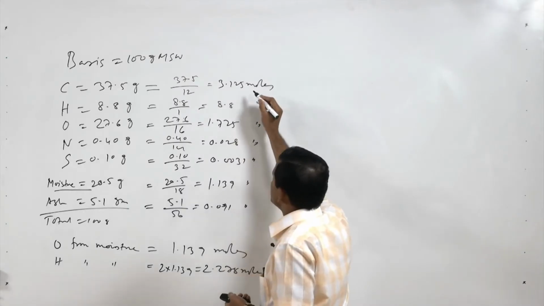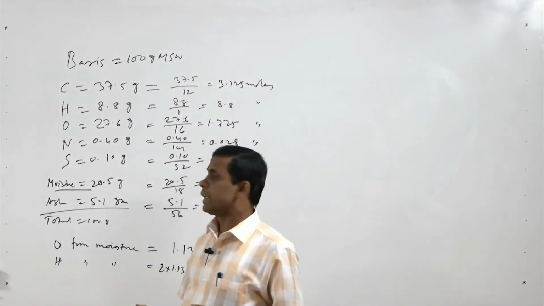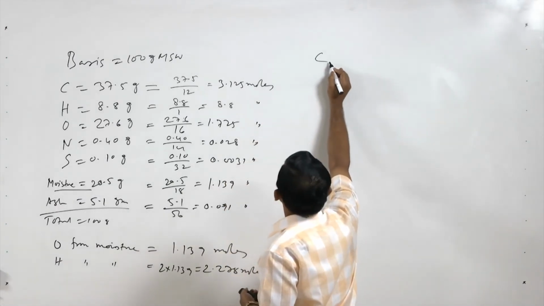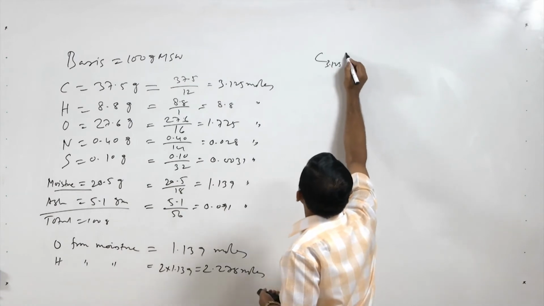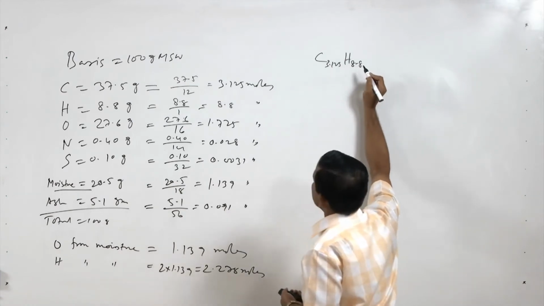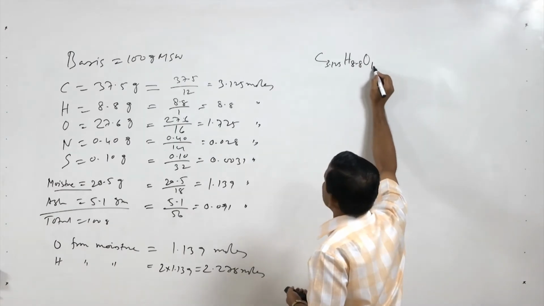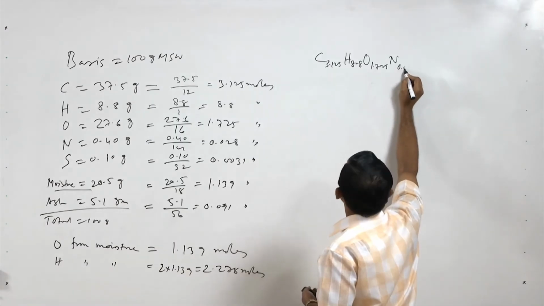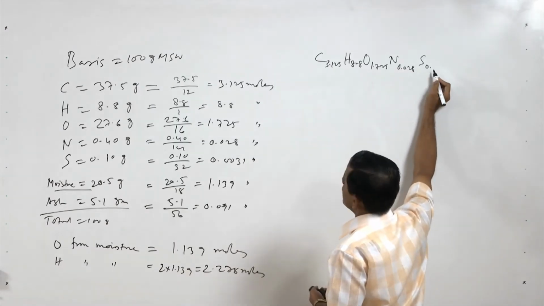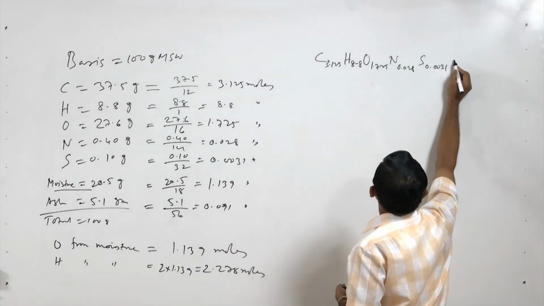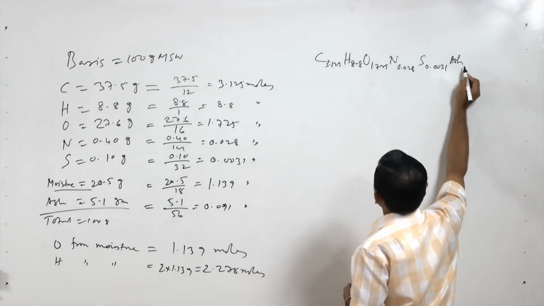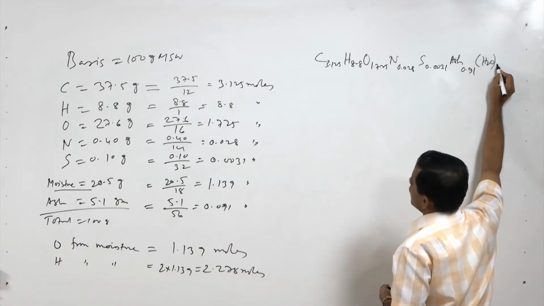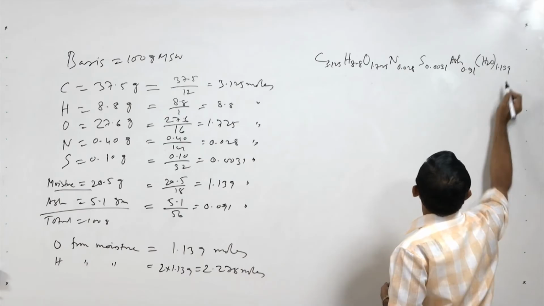So, if we want to represent the molecular formula of this material, we get C 3.125, H 8.8, O 1.725, N 0.028, S 0.0031, S 0.091 and H2O 1.139.